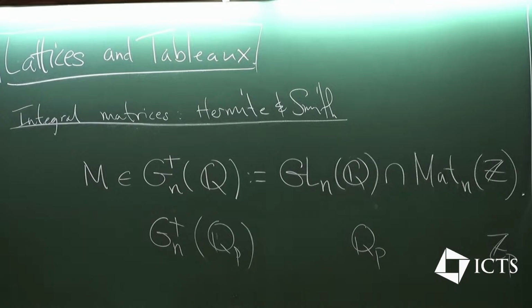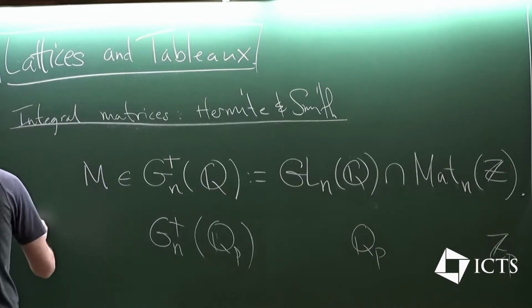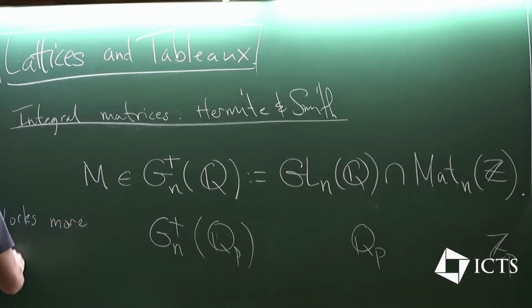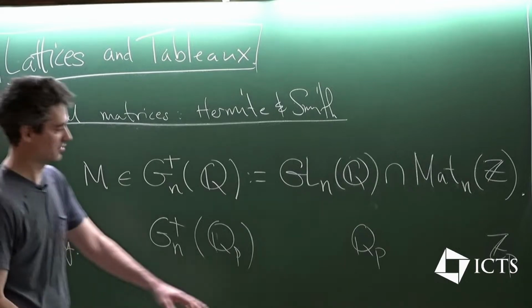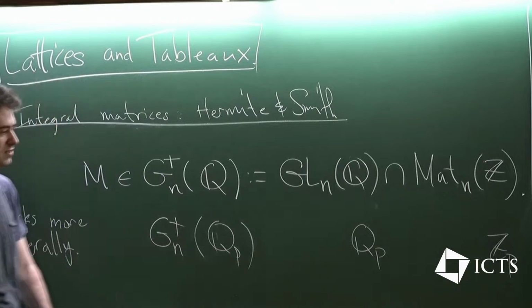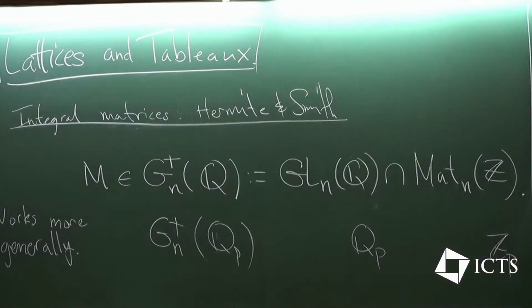Okay. A note. This works more generally. What do I mean? You don't have to work with just the p-adics and Q_p. You can look at extensions of these. You can take some number field, look at a ring of integers, complete it at a non-zero prime ideal, and you can work over those.